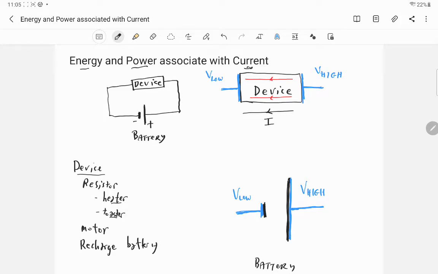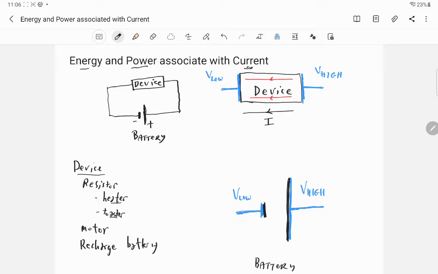Okay, so here is a little bit closer up picture of the device. The device in the circuit is here. I'm just looking at the device by itself, but imagining that the rest of the circuit still exists. If you look at the way the battery is oriented, you've got the long plate, the positive plate.